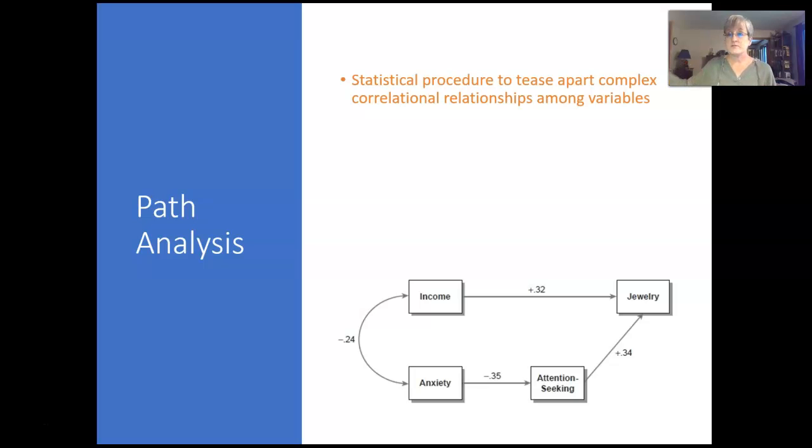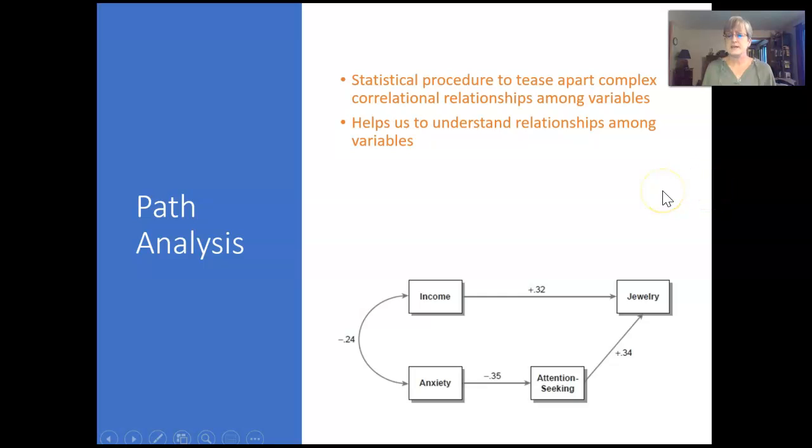So typically you have a variable that you want to predict, and you know that it's complexly related to several other variables that are themselves related to each other in complicated ways. You need a way to navigate that path, and path analysis is what does that.